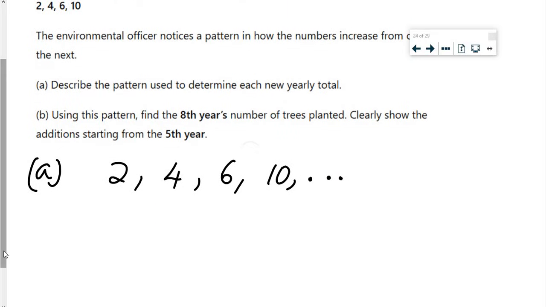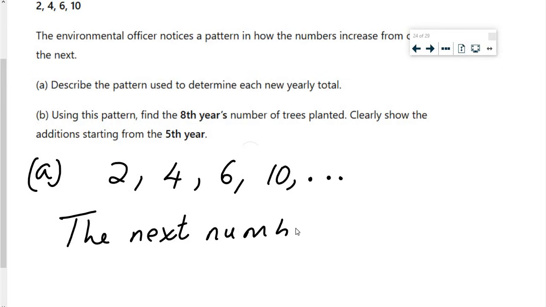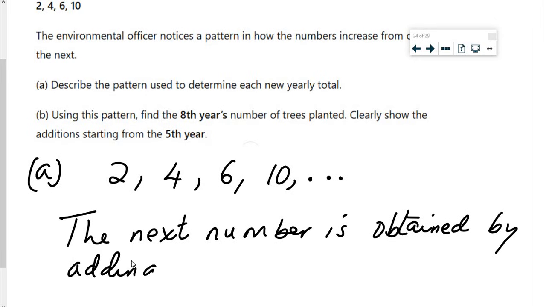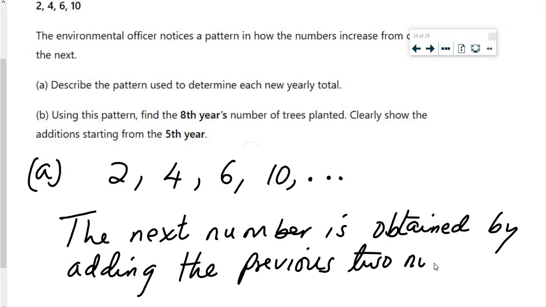So the pattern is that we can clearly see that the next number is obtained by adding the previous two numbers.